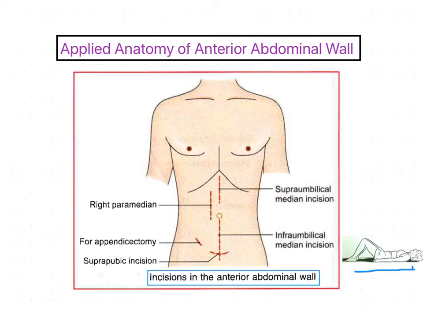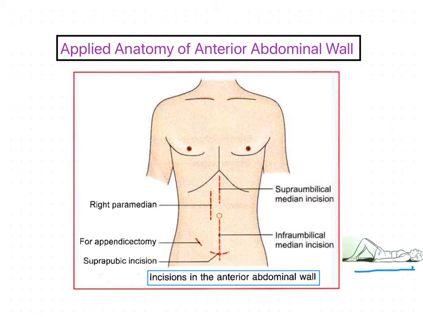Okay, and this anterior abdominal wall is punctured for various procedures like surgeries of the gallbladder and vermiform appendix, etc. For that, they puncture the anterior abdominal wall by giving incisions.